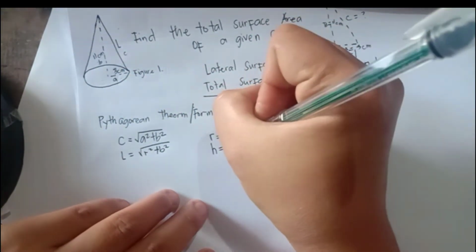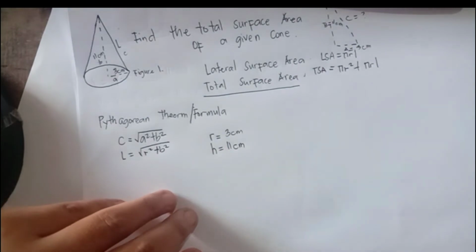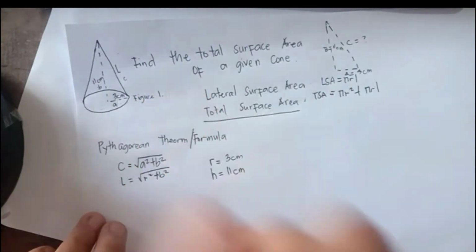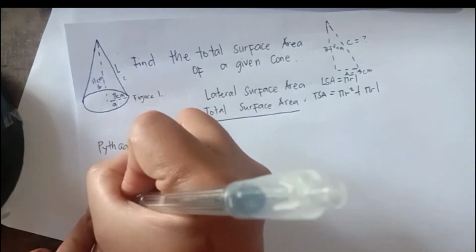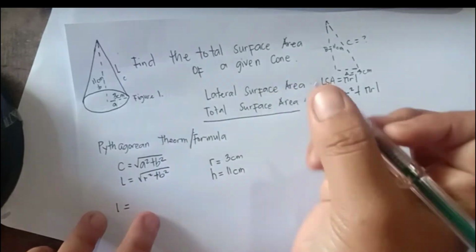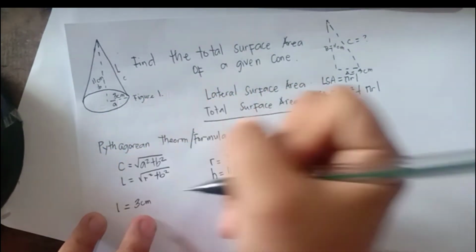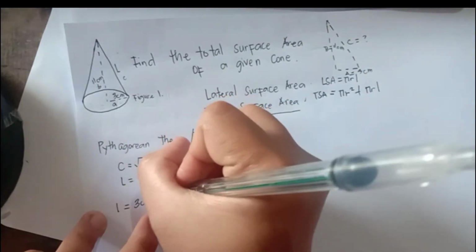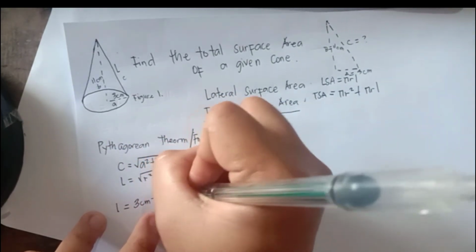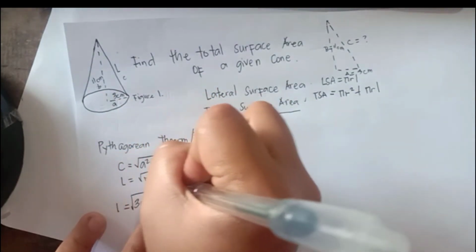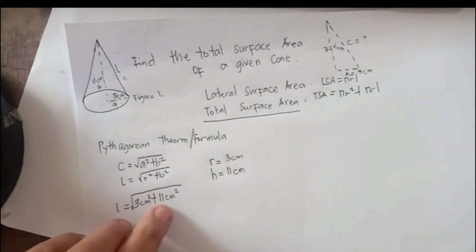Height is 11 cm. Okay. Then, we have to find the slant height. L is equals to the square root of 3 cm squared plus 11 cm squared.